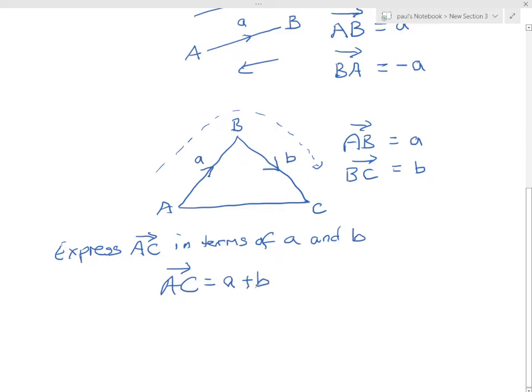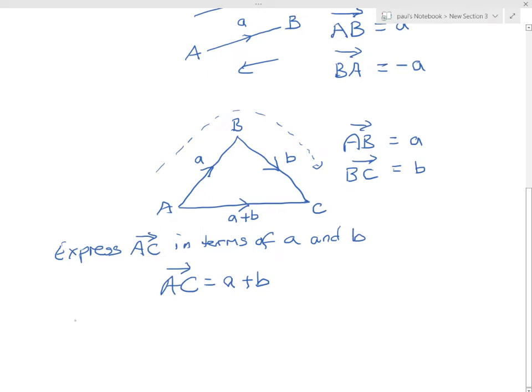So if we go up to the top and back down to C, we've gone a vector a plus b. So the vector to get from A to C, if we go in a direct route, is going to be a plus b.